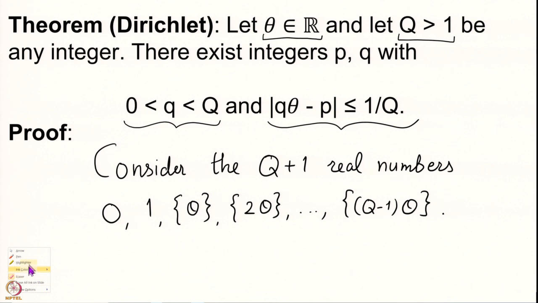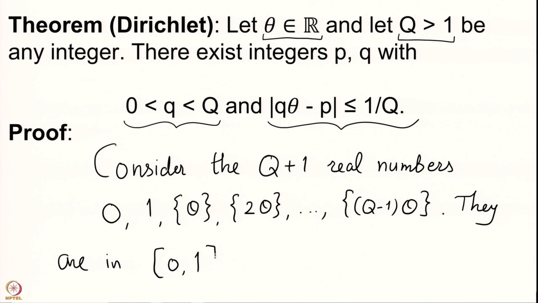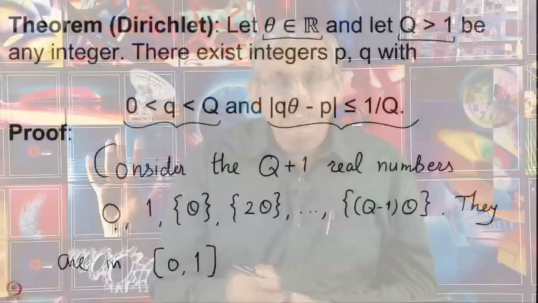Moreover, these numbers are in the set 0, 1, because we have observed that the fractional part of any real number is between 0 and 1, it is never equal to 1, but it can be equal to 0. So, it is in closed 0, open 1, and here we have also taken 0 and 1.